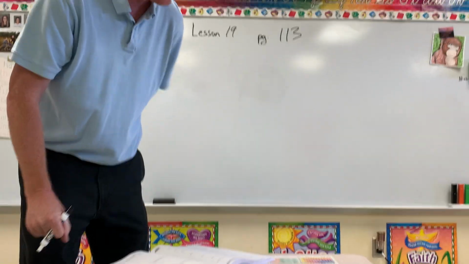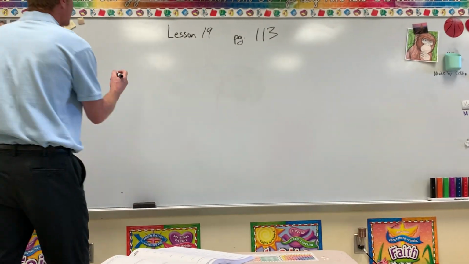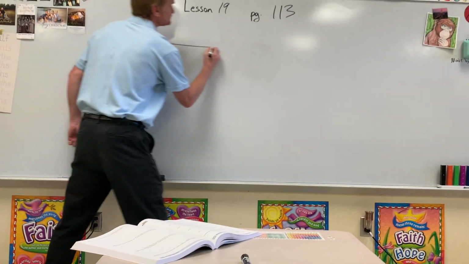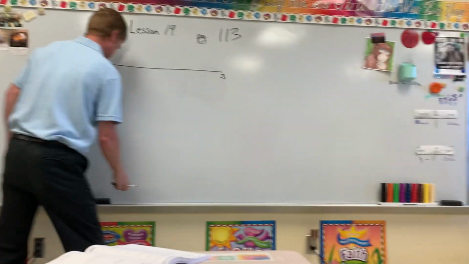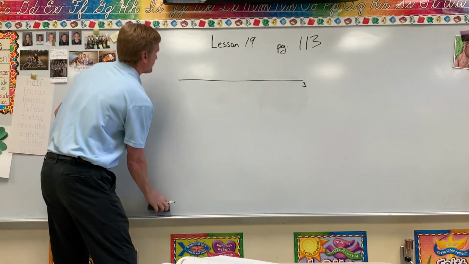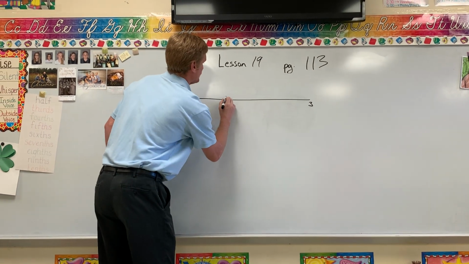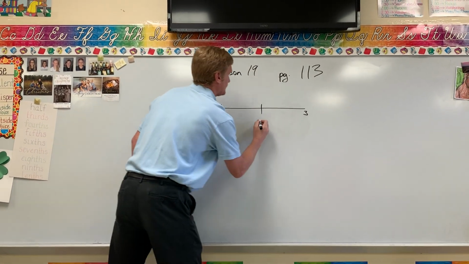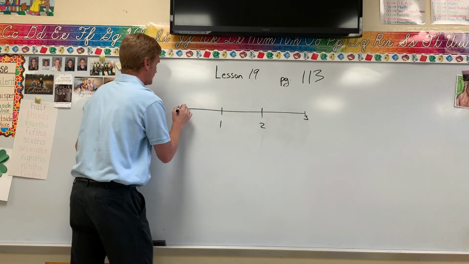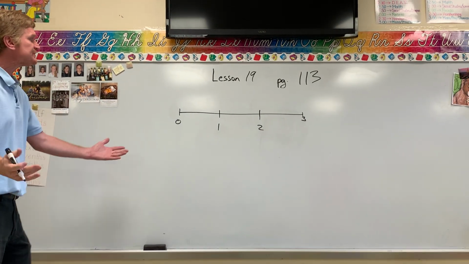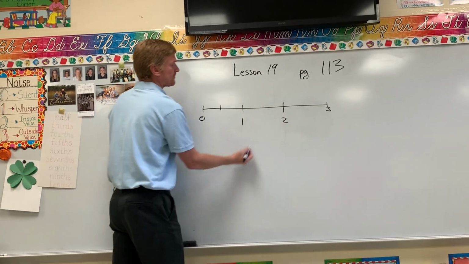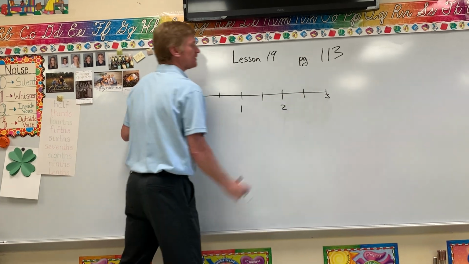So we're going to break it into halves. We're starting at 0. We're going to 3. 1, 2. All right. So if we're going to break them into halves, going to go there, going to go there, going to go there.